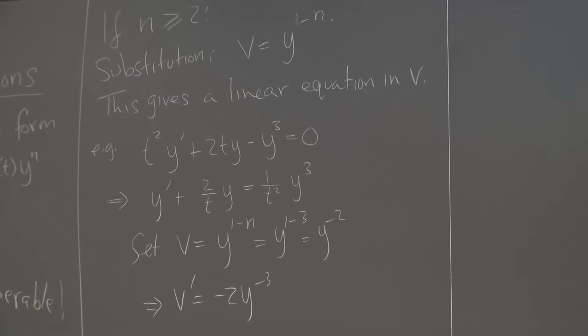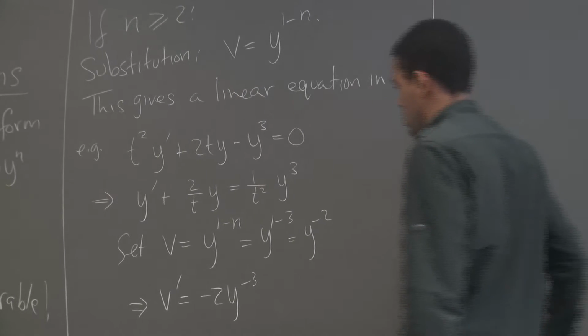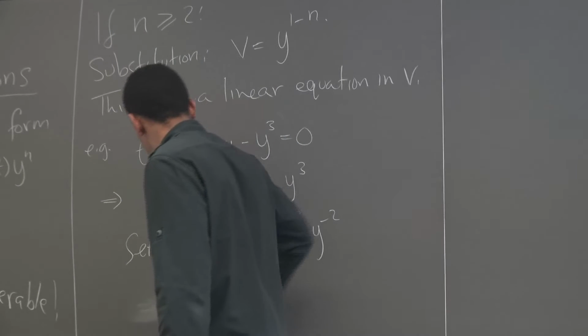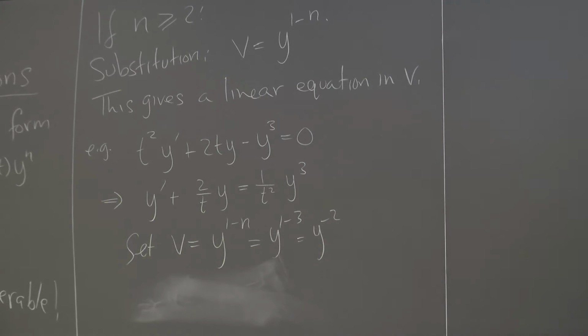No, just replace v and v prime in the equation. I want t as the independent variable here. I want to keep t as the independent variable. There's another technique where we actually want to switch it to y.